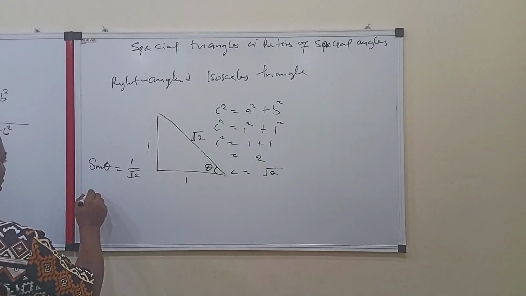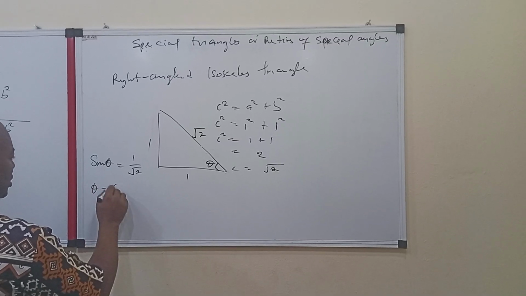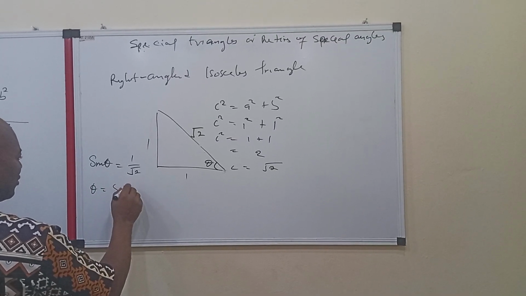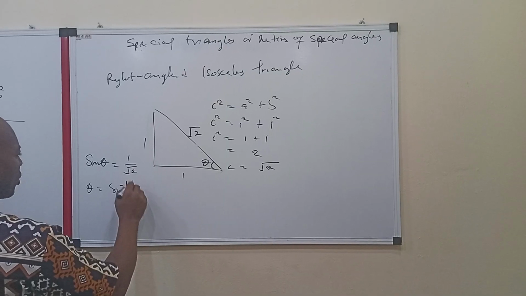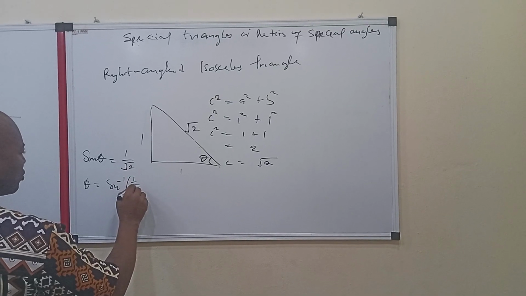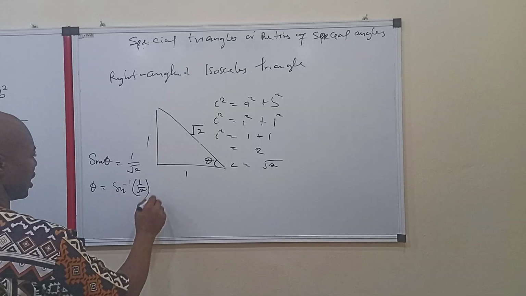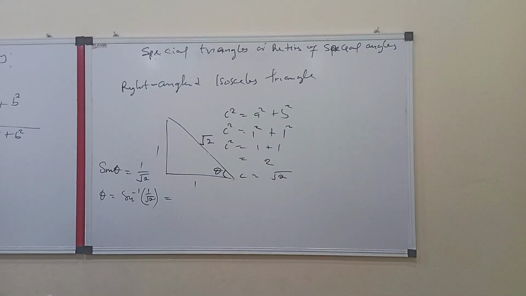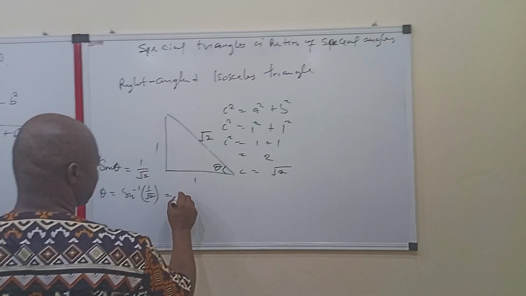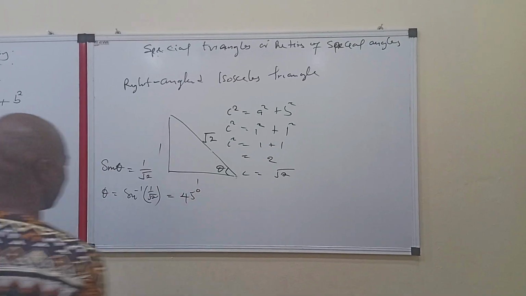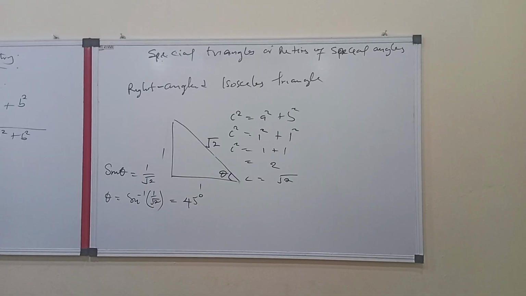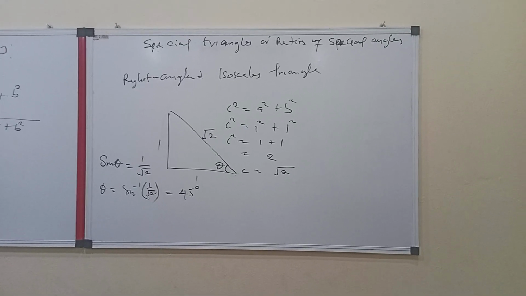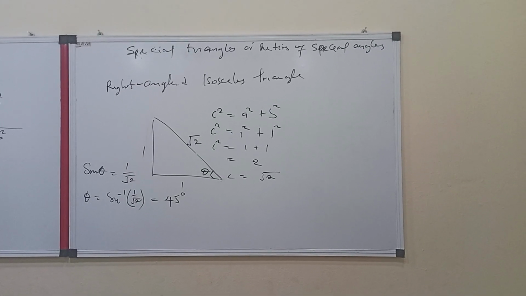If you make theta the subject, then theta becomes sine inverse of 1 all over square root of 2, and the end result is 45 degrees.